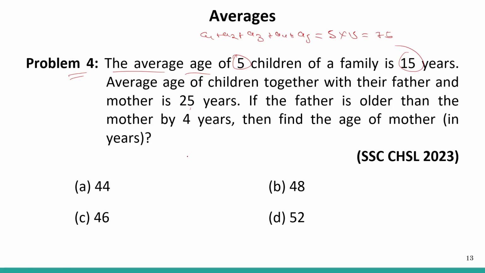So A1 plus A2 plus dot dot A5 plus F plus M is equal to 7 into 25. So this implies that F plus M is equal to 7 into 25 minus 75. So 7 into 25 is equal to 175, minus this 75. So this is equal to 100, right?